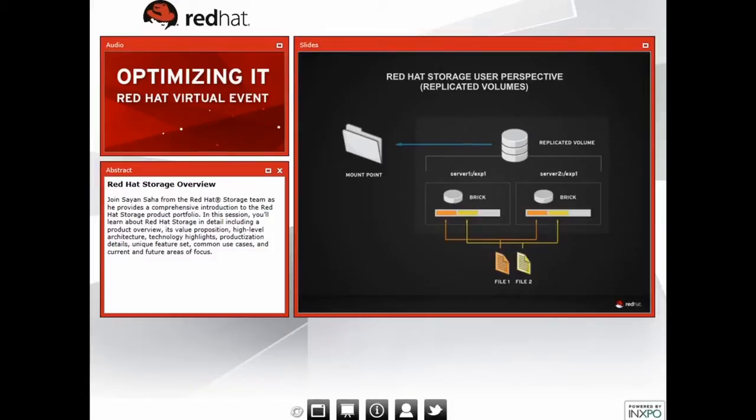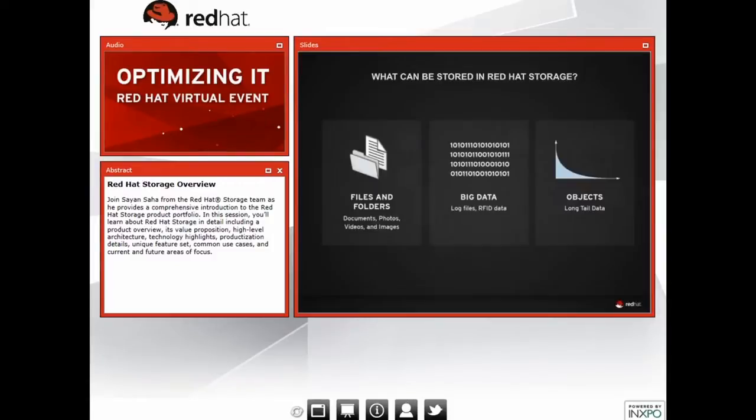So with that, I go to the next slide where I focus on the productization aspects of Red Hat storage. So what can be stored in Red Hat storage? As I talked about earlier, Red Hat storage is a really great fit for all your unstructured data needs. It's not good for structured data, but it is indeed very good for all kinds of files and folders that store documents, photos, videos, and images.